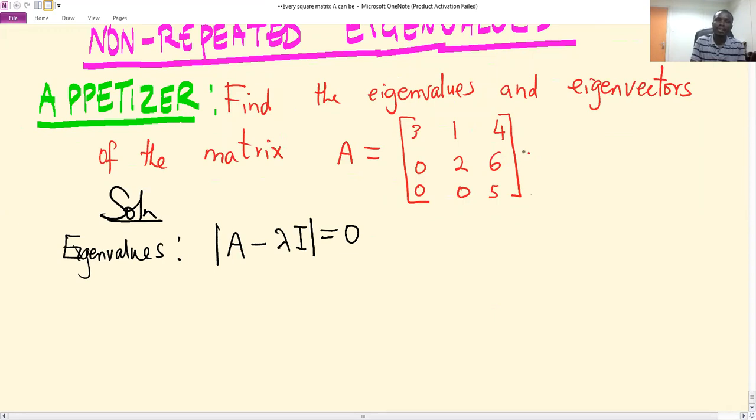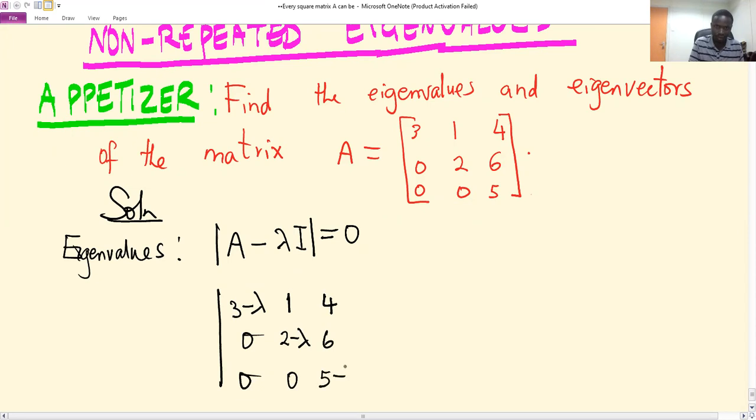So this being a 3 by 3 matrix, we pick the identity matrix of order 3 by 3. So we'll have the determinant of the matrix with rows 3 minus lambda, 1, 4; 0, 2 minus lambda, 6; 0, 0, 5 minus lambda, equals 0.